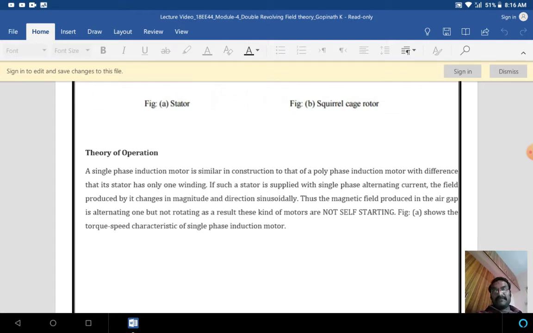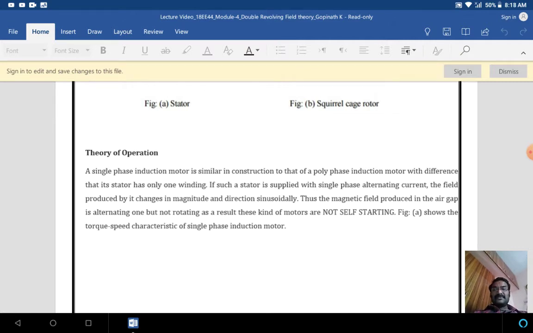But in a single phase induction motor, the stator is supplied with single phase alternating current. In the case of three phase, we give a three phase supply, and the coils are 120 degrees phase shifted from each other. In single phase, we have only one coil, and to that coil we give a single phase supply.